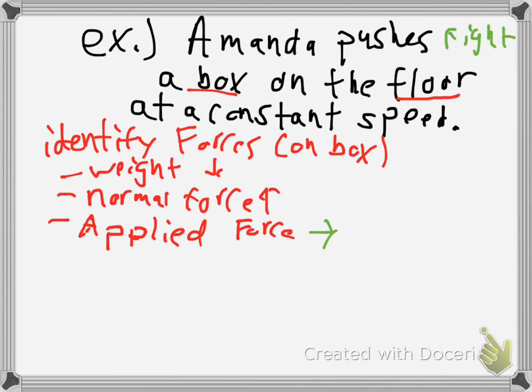So in order for there to be no net force, we need a force on the left-hand side. And that is going to be one of our favorite forces, which is friction. We will talk more about friction later on. Right now we're just going to call it friction. I'm pretty sure most of you are familiar with the concept of friction. So that must be to the left.